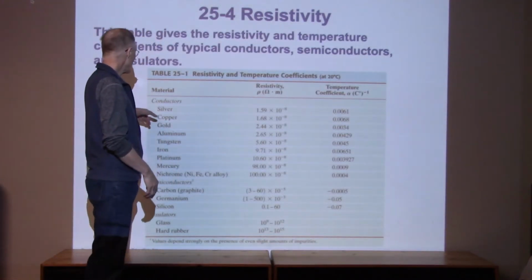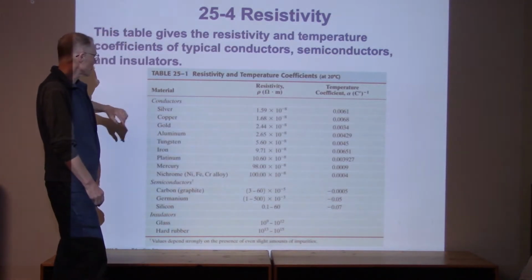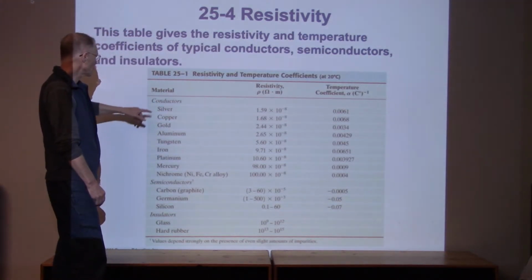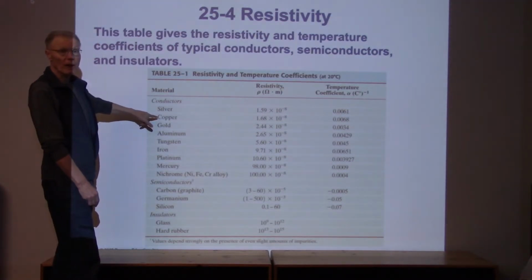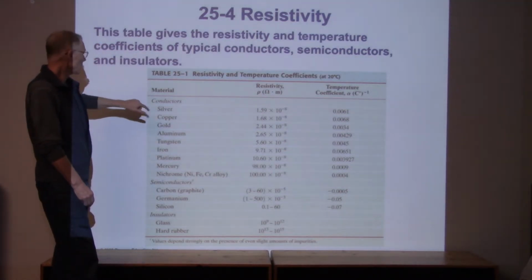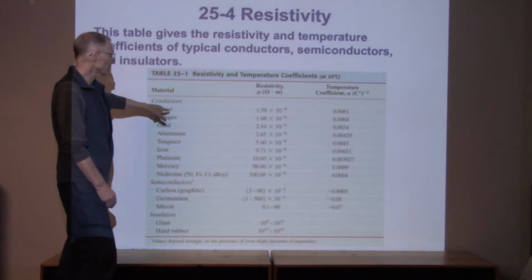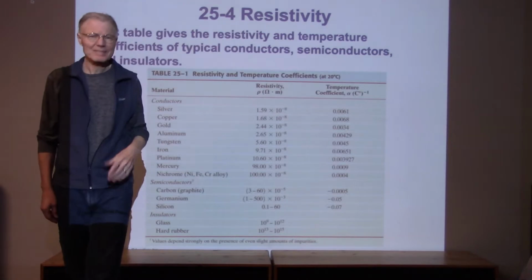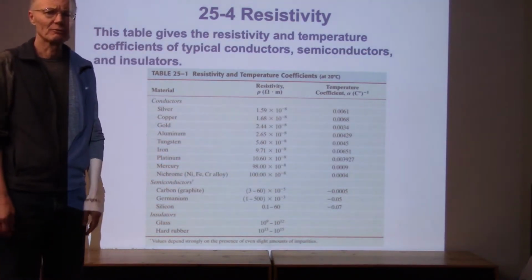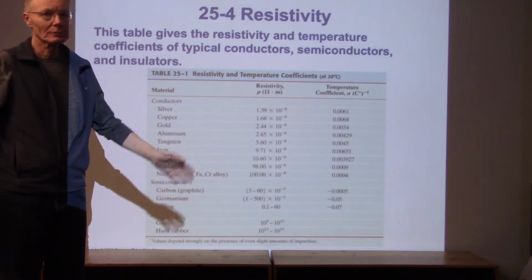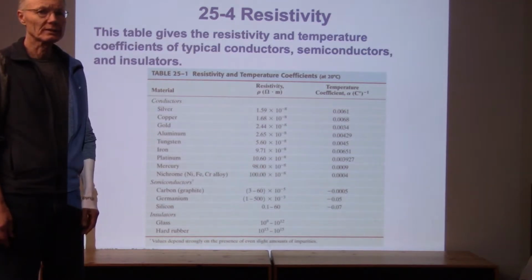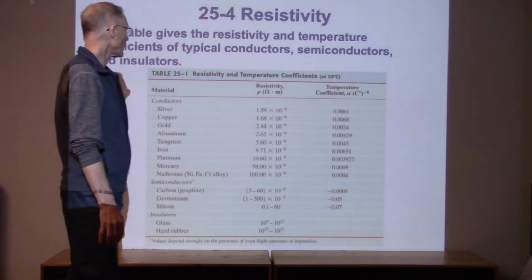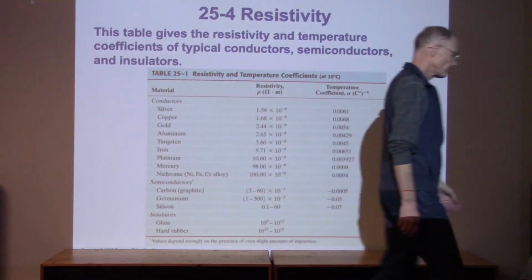All right, and then copper here, noticing they've got some of the very best electrical conductors. Copper is what we use in most of our wiring in our buildings. Silver is a little bit better in terms of conductivity, but it's expensive. So we don't have silver wires, as far as I know, in our buildings. I have not seen silver wiring being used.